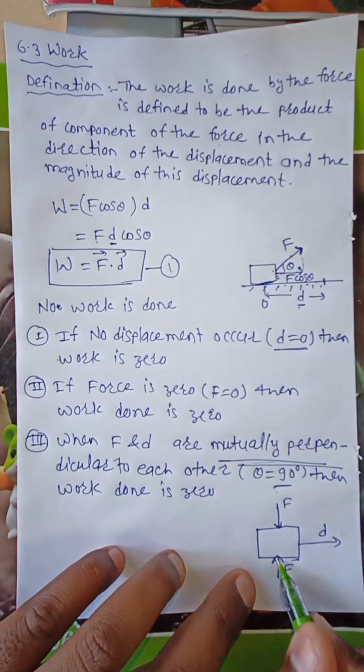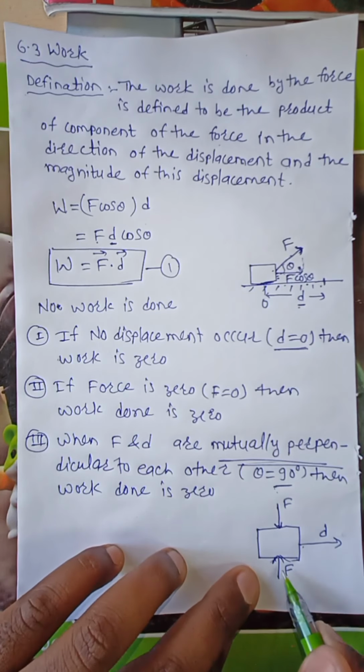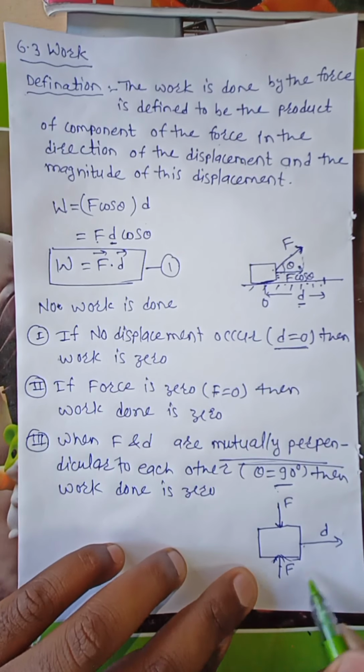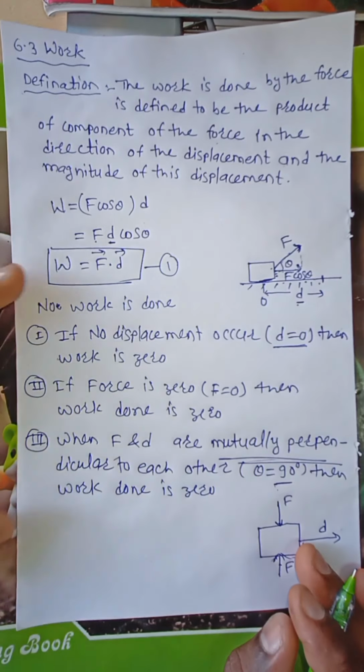Then the angle between force and displacement is 90 degrees, then work done is zero.